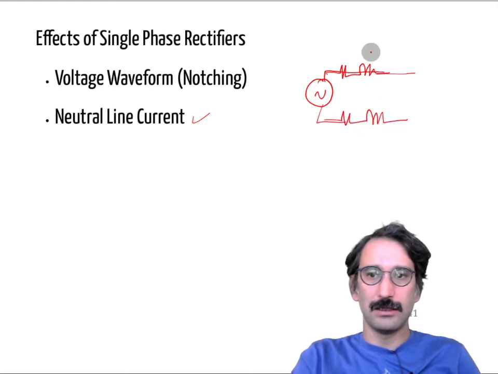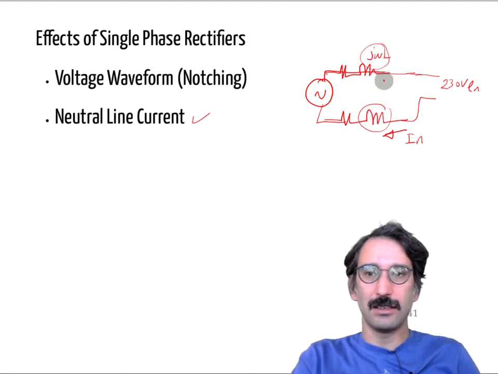And this is J omega L, and let's say this is your home and you want to have 230 volts line to neutral. So whenever you are injecting some high frequency currents here, I neutral, because J omega L is increasing with the higher frequencies, the potential of that line will go up.